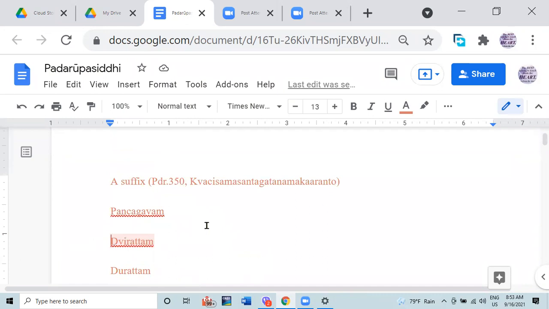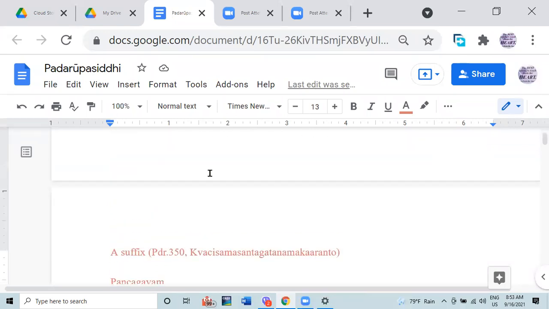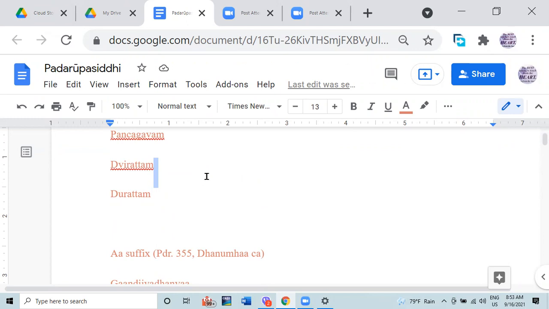Because we have the a suffix, and then Dvirattan. In the case of Dvirattan, Dvi becomes 2. So these are a suffix, according to Padarūpasiddhi's opinion.